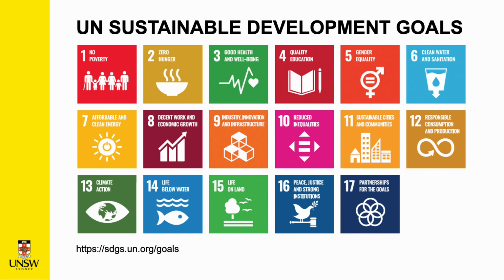The 2030 Agenda for Sustainable Development, which was established in 2015 and supported by all United Nations member states, outlines a collective plan for promoting peace, prosperity, and sustainability for both humanity and the planet.